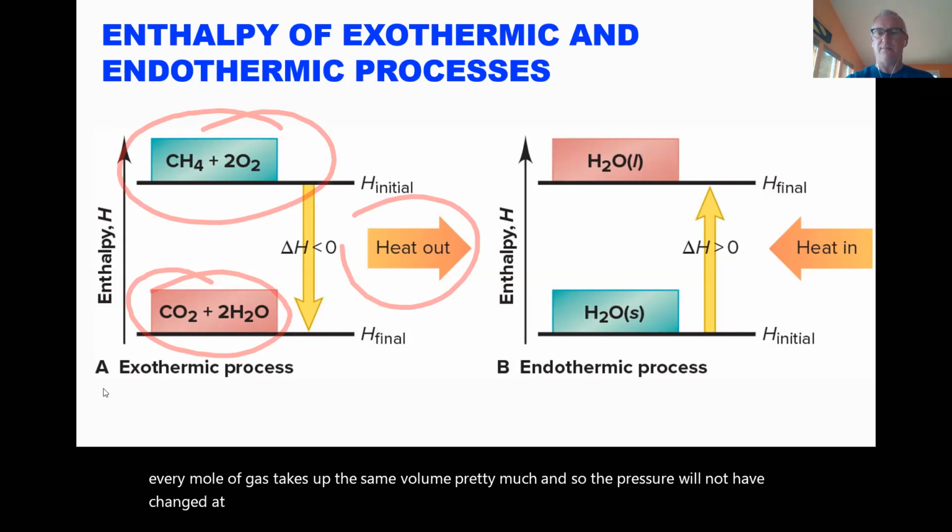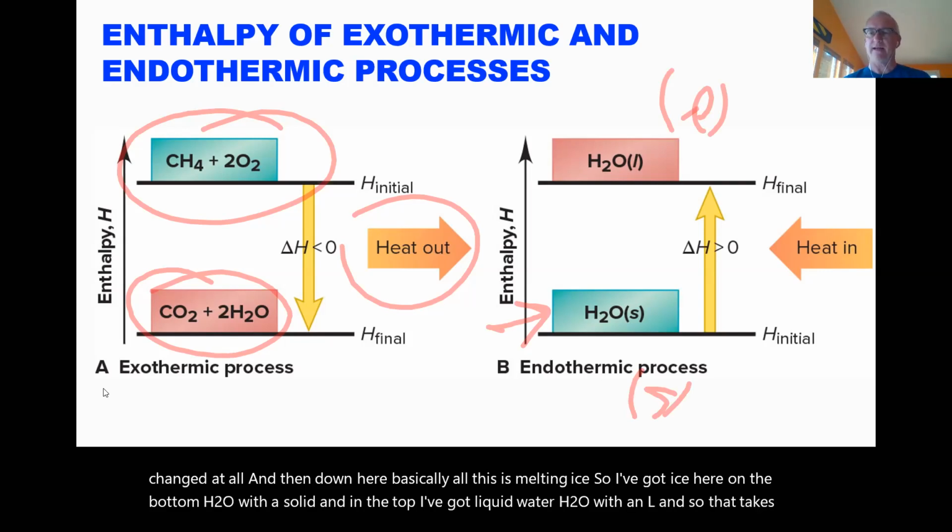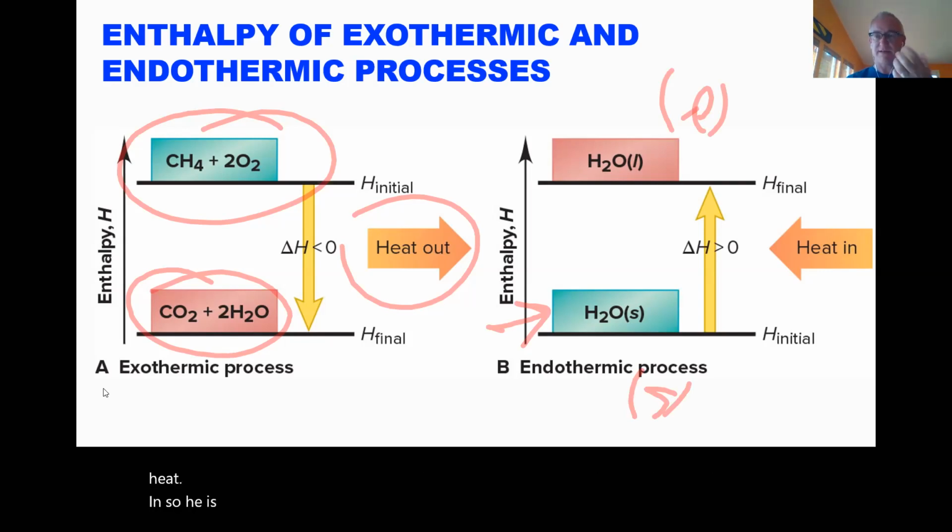And then down here, basically all this is melting ice. So I've got ice here on the bottom, H2O with an S for solid, and on the top, I've got liquid water, H2O with an L. And so that takes heat in. Heat is going in from the surroundings into the block of ice and turning it into a liquid.